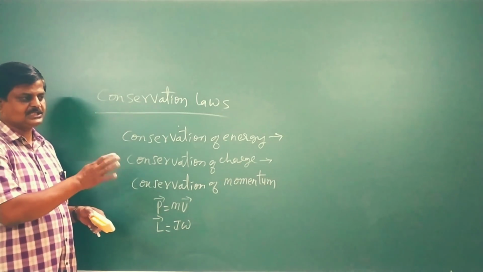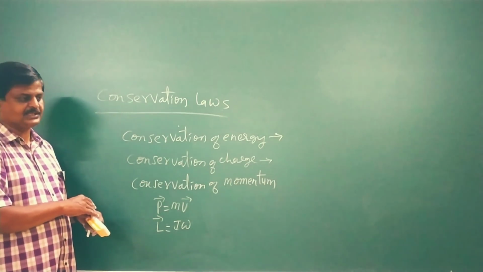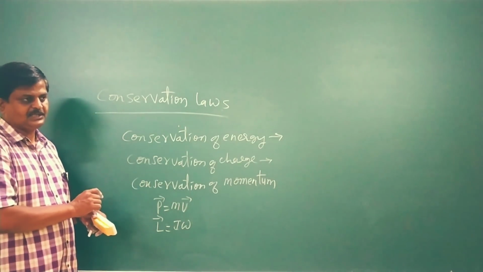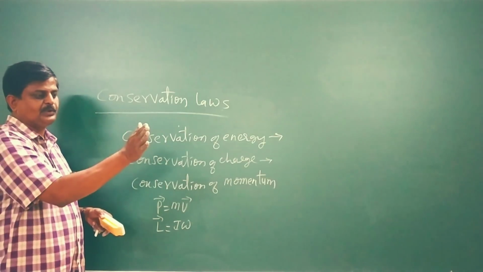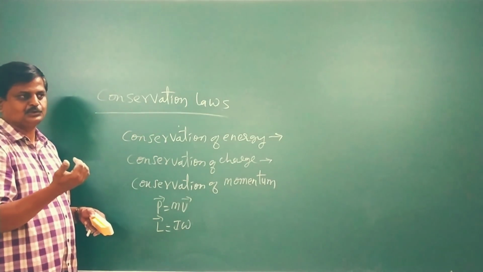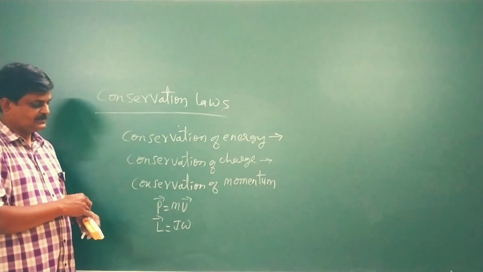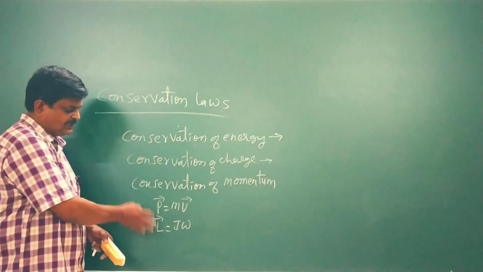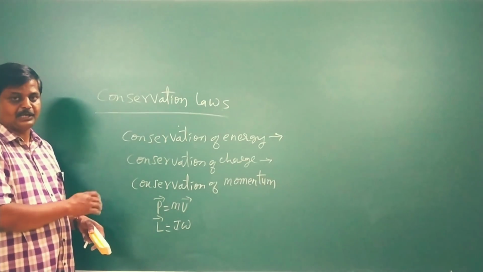If at all any change in momentum is produced, for example, when a bullet is fired from a gun, what actually happens? The bullet moves forward, the gun recoils to conserve what? Momentum. So a rotating body will try to conserve what? Angular momentum.